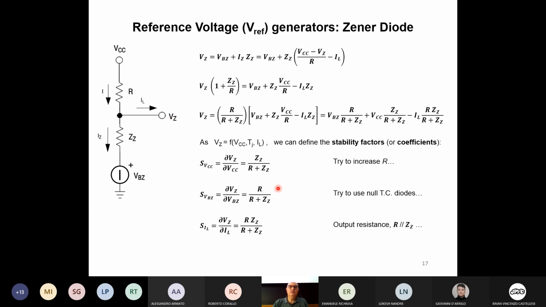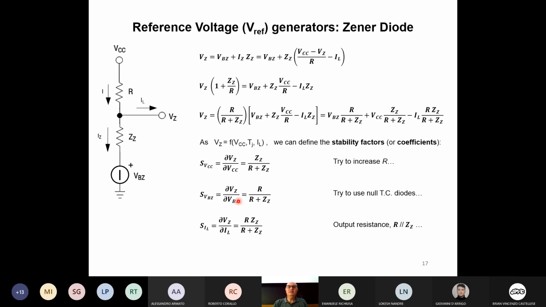Okay, I was saying that in this term here, given that we decided to have a very high R in the previous step, if R becomes much larger than Zz, the whole term will tend to 1.